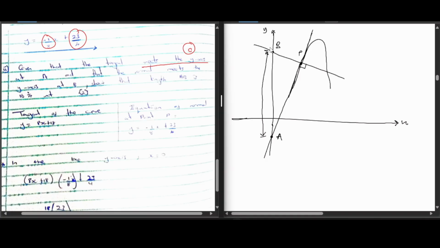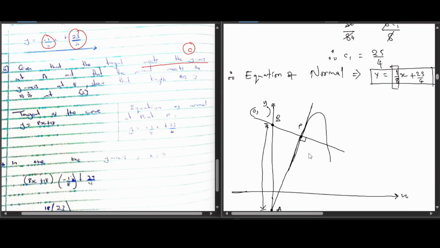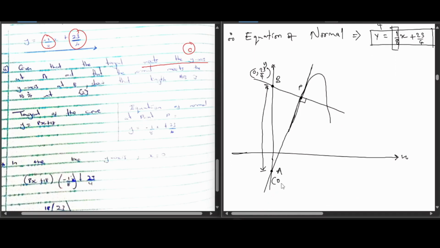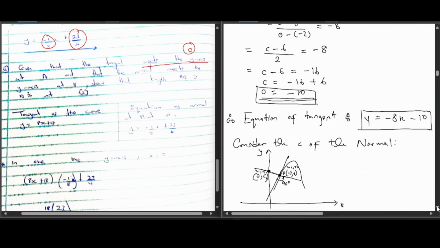So we can easily put in our points here. So x is going to be 0, and what is the c when it comes to the normal? So c for the normal is 25 over 4. So 25 over 4 like that. And then here again x is 0, and c we saw is minus 10, like this.